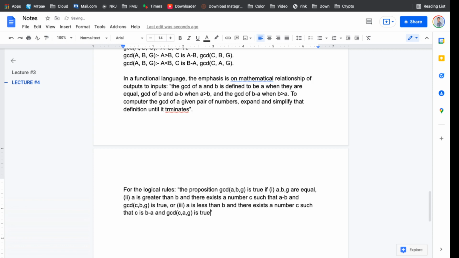To compute the GCD of a given pair, search for a number G, and of course various numbers C, for which these rules allow one to prove that GCD of A, B, G is true.